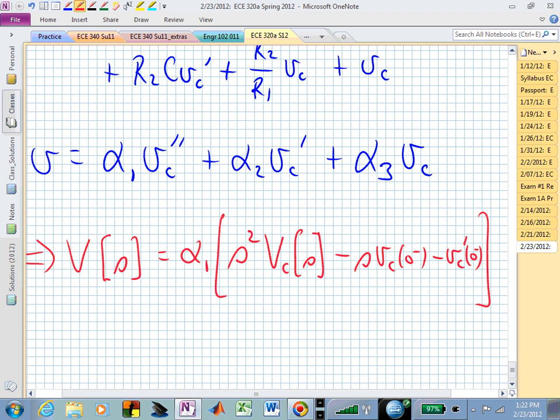This is your initial voltage on your output capacitor. And what does this one mean? V sub C prime of 0 minus. That's now the rate of change of that voltage at 0 minus. And you would have to be told that or determine what those initial conditions are.